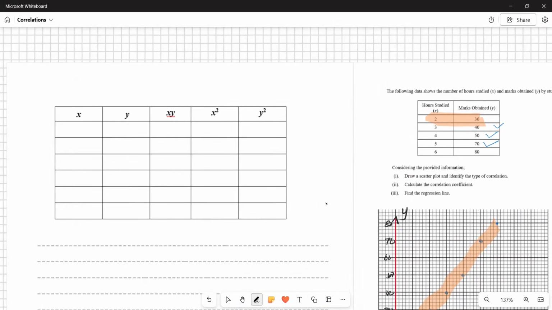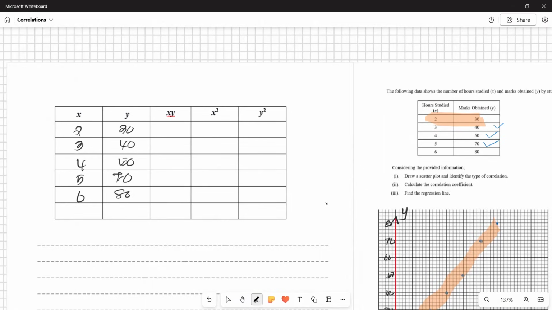So XY I put here. 230, 340, 450. I predefined my table, therefore I can save my time. In the examination, you write this. 570, 680.